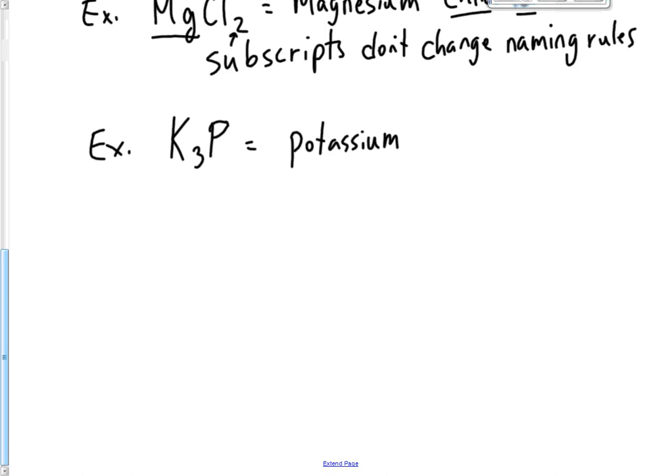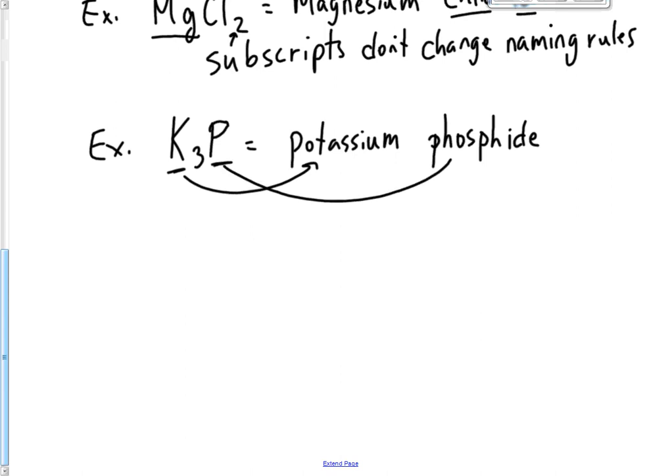So you're going to take the root word, which is phos, I guess, and you're going to add IDE to it. So potassium phosphide is your answer there. So it's the metal, and then the root, IDE. Same thing every single time.